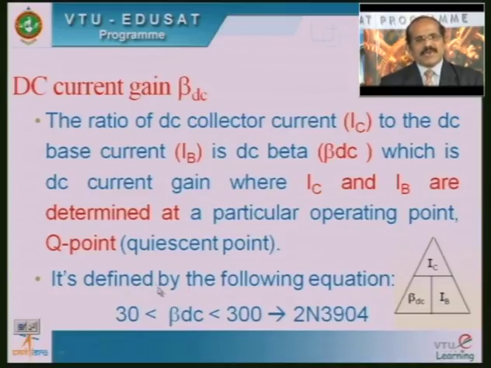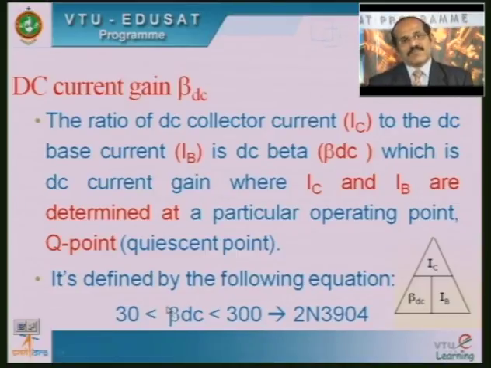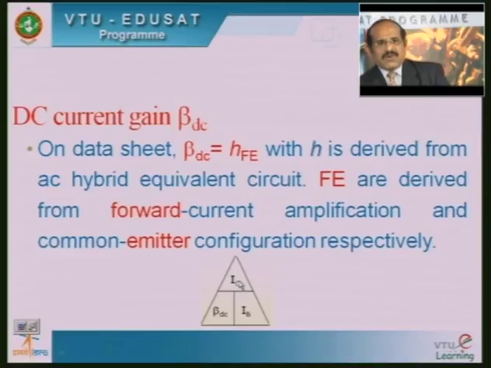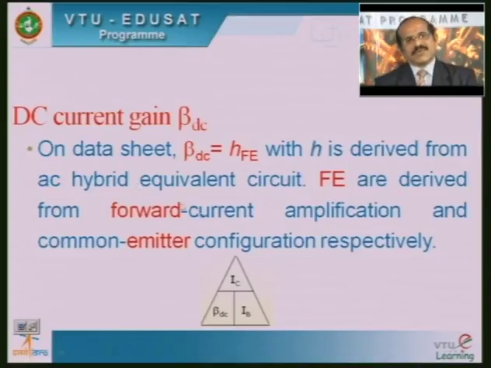Please note that beta DC, the common emitter DC current gain, ranges from 30 to 300 for a transistor 2N3904. If you go through the data sheet or manufacturer specification of the transistor, beta DC is mentioned as HFE, with F capital and E capital.